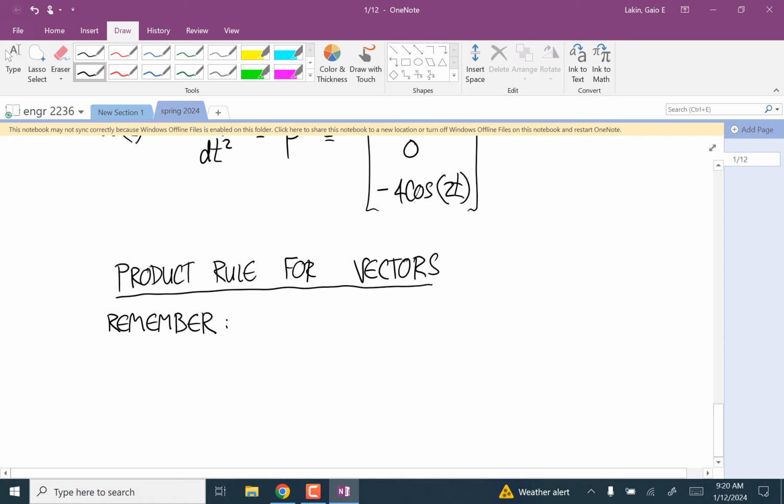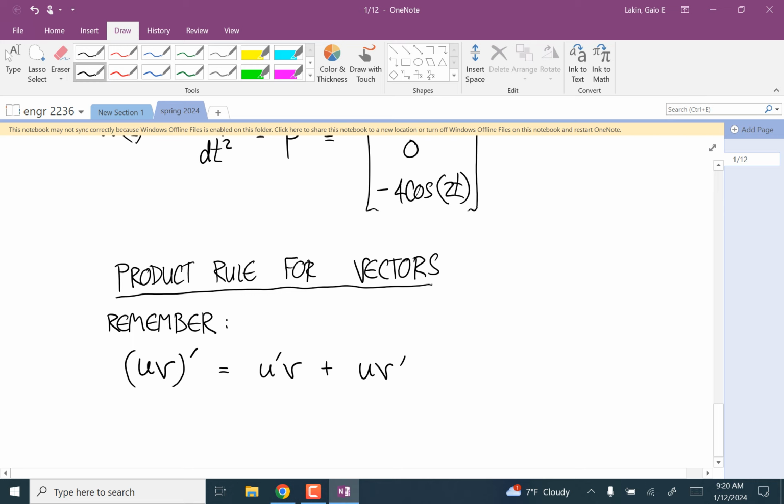So for scalars, if you have a u times v, say those are two functions of some variable, and you want to take the derivative of the whole thing. You do that as the derivative of u times v plus u times the derivative of v.